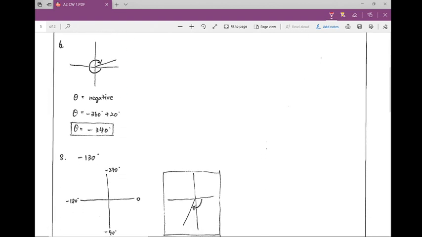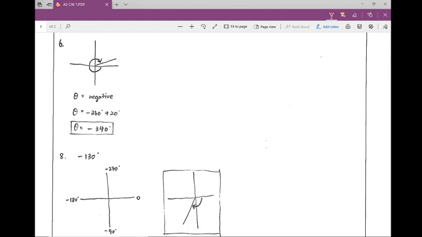Number 6 is very similar. You are going to go backwards, so the angle should be negative. This time, however, I'm going to go backwards all the way, past the terminal side.